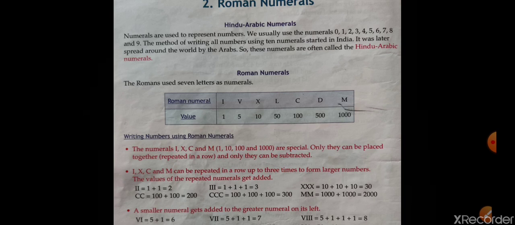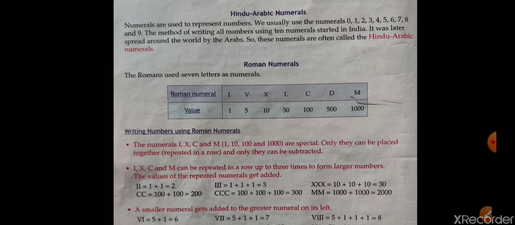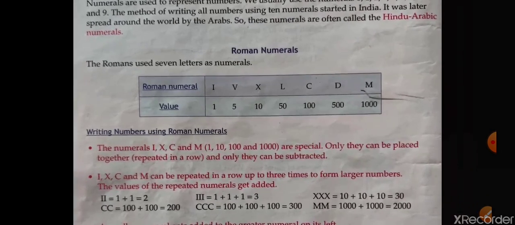But Romans, what did they do? They did not use 1 2 3 4 as the numbers. They used alphabets to write numbers. All right, here the Romans used 7 letters as numerals.